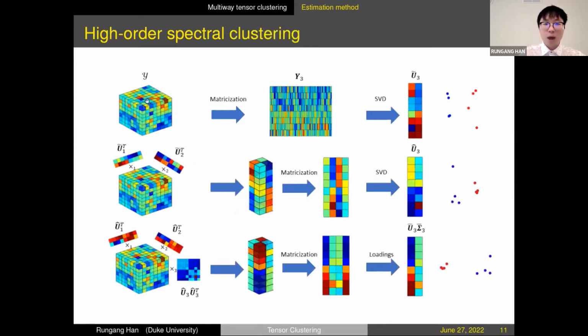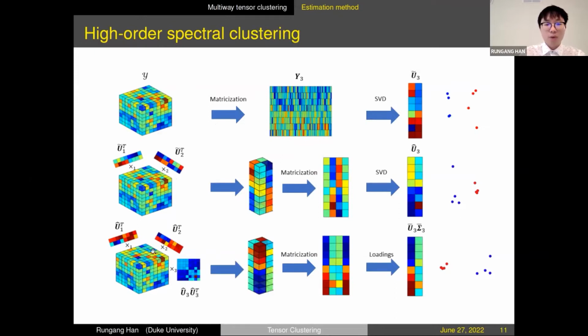I have a pictorial illustration which might be more straightforward. We have the tensor Y, and we first materialize it and do the singular value decomposition. We have a preliminary estimation of the subspace, and then we project the huge tensor onto these two subspaces. We obtain a smaller tensor, and then we do a similar materialization and SVD. We obtain a better U3 hat.